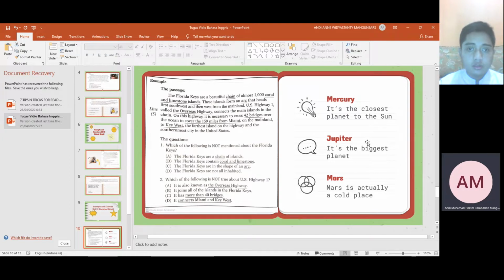You must read first the ABCD, and you read the passage. That's so important.